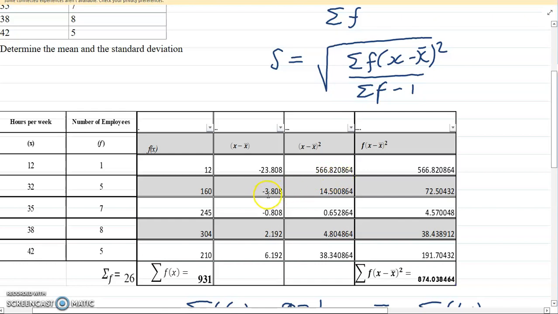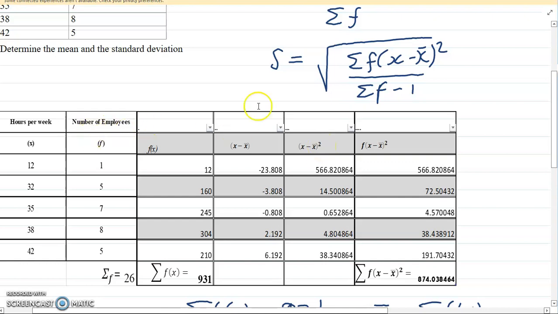Then we have negative 3.808 squared, which is giving us 14.5008. Then we have negative 0.802 squared, which is giving us this figure right here. Then we have 2.9, and this is the x minus x bar squared.